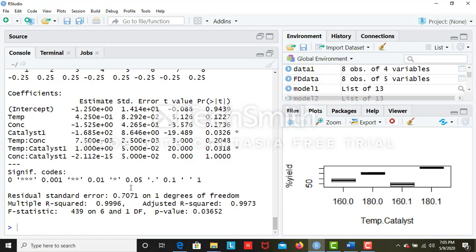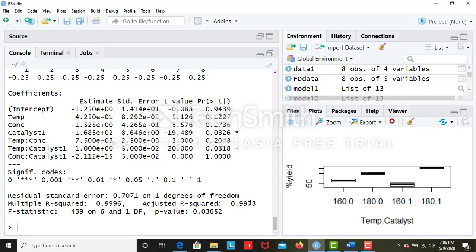And our R squared has increased from 84% to 99%, which is almost 100, which is very good. Actually, we use the adjusted R squared most of the time because this gives us more accurate information as compared to the R squared. So we have 99% here, which is very good.